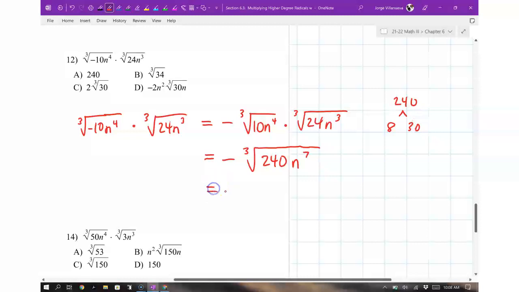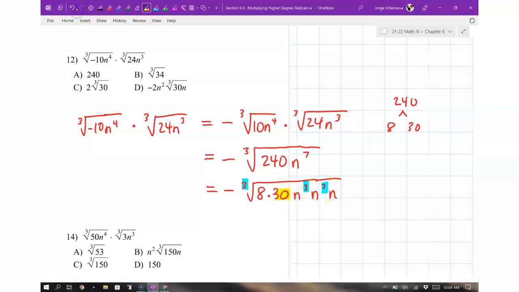So let me write it out. Negative cube root of 8 times 30 n to the third, n to the third, n. Remember, you have to break up your n values so that they match the index. So this matches here, here, and there. And my 8 is going to go out.